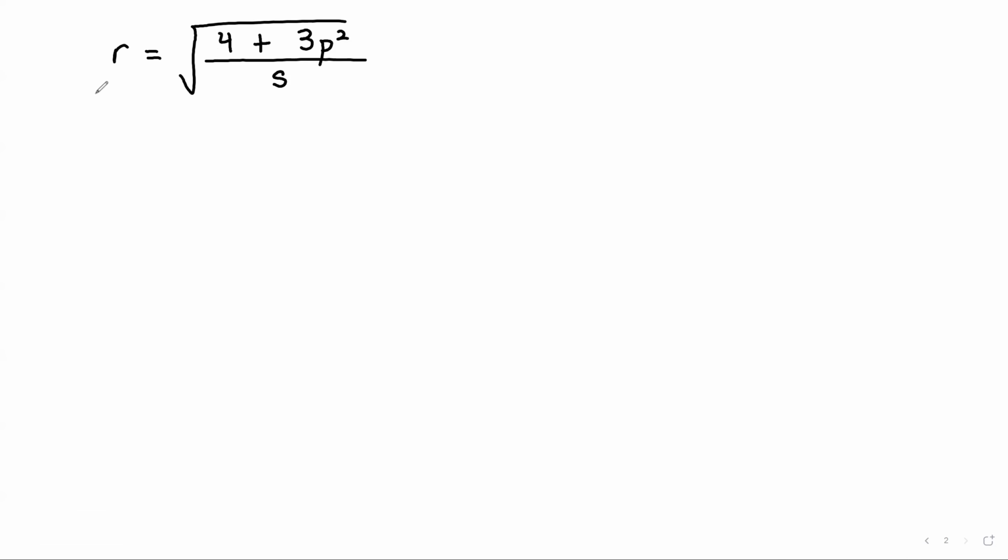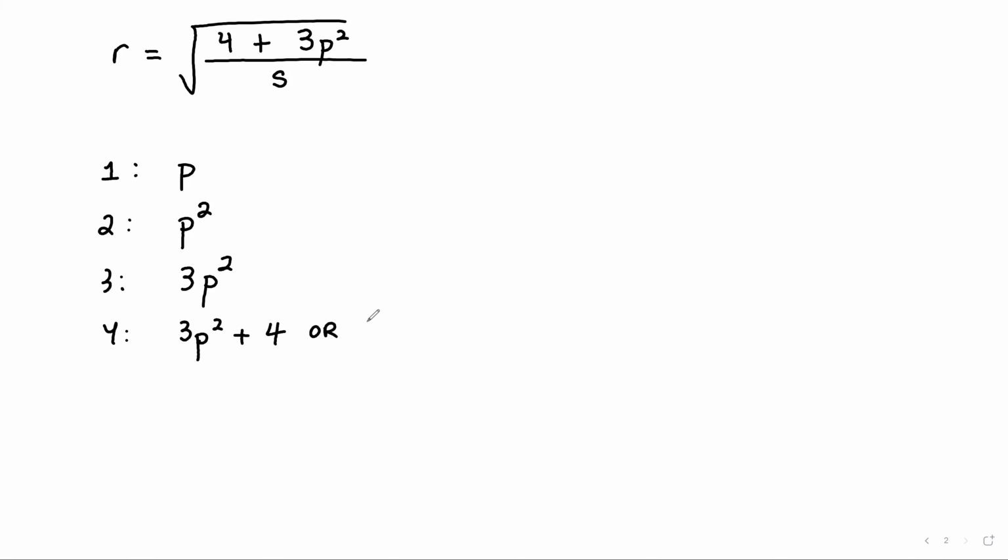So in order to get this formula, how they would have built this formula, you would have started with P. So the first step would have been you would have had P, right? And then the second thing you do, you'll multiply P by itself to get P squared. Then you would have multiplied P squared by 3 to get 3P squared. After that, you would have added 4 to it to get 3P squared plus 4. So you added 4 to it, right?